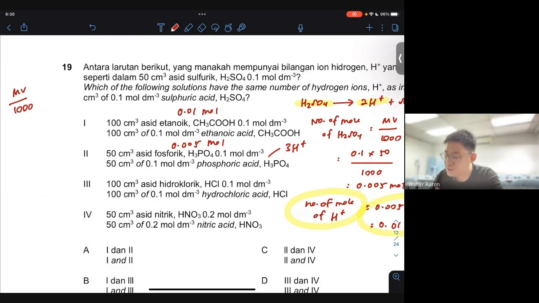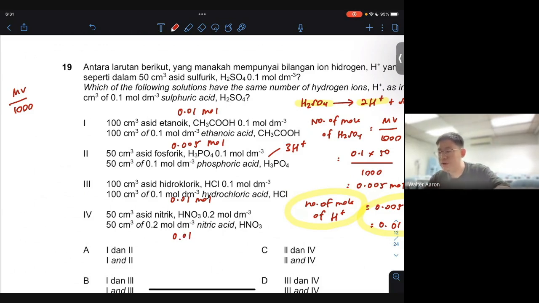And then for the next one, number 3, you can see here 100 and 0.1 hydrochloric acid. So 0.1 times 100 divided by 1000, you get 0.01. And the last one will be nitric acid. So there will be 0.2 times 50 divided by 1000. You also get 0.01.